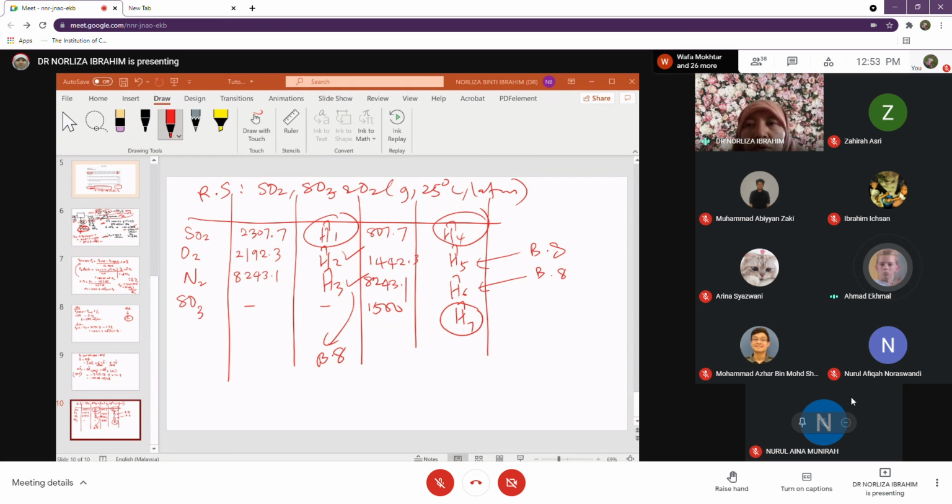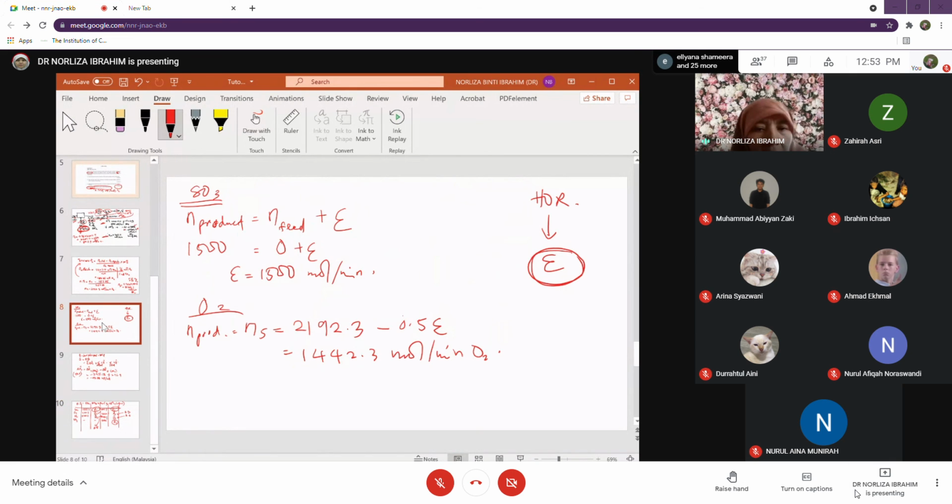What is your question? When do we use the extent of reaction formula again, Doctor? Okay, extent of reaction: if you can recall your CPP material balance, you have three methods to solve reactive material balance: atomic balance, extent of reaction method, and molecular balance.